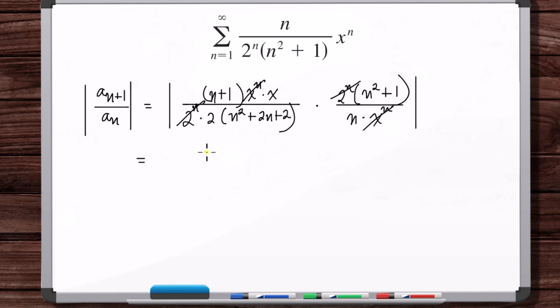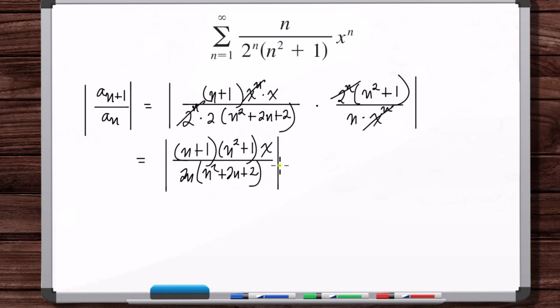Okay, let's write this out. This can get confusing here. So is that everything? n plus 1, n squared plus 1, and the x. Then a 2 to the n, yeah. So the n term is always positive.